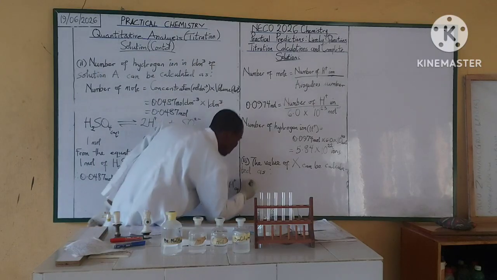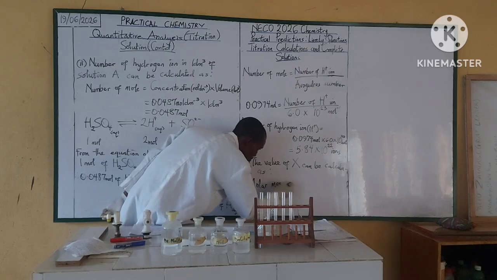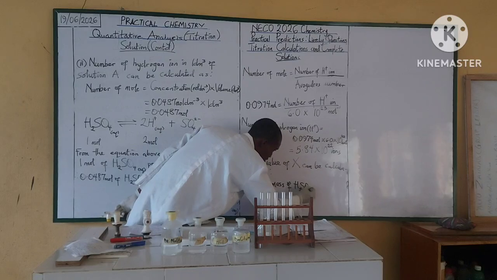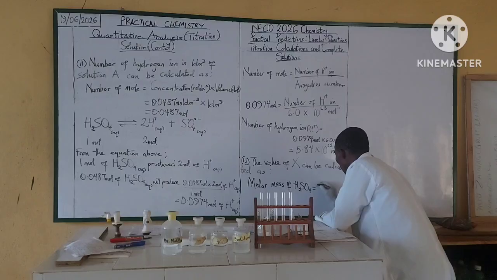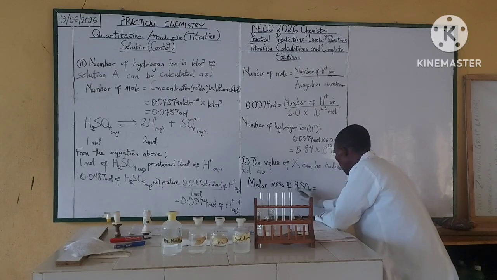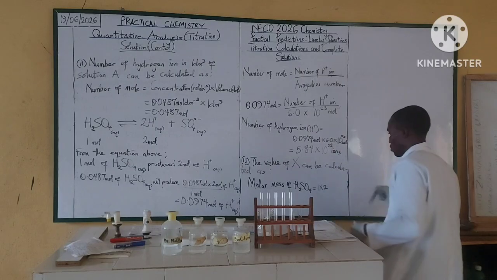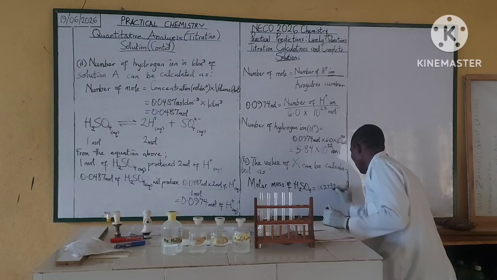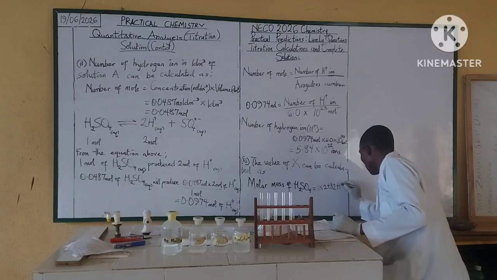How do we do that? The molar mass of H2SO4, we want to calculate that, which is the atomic mass of hydrogen, 1, multiplied by 2, plus sulfur, 32, that's the atomic mass of sulfur, plus oxygen, which happens to be 16 multiplied by 4.